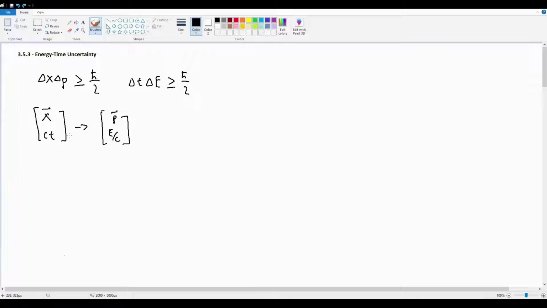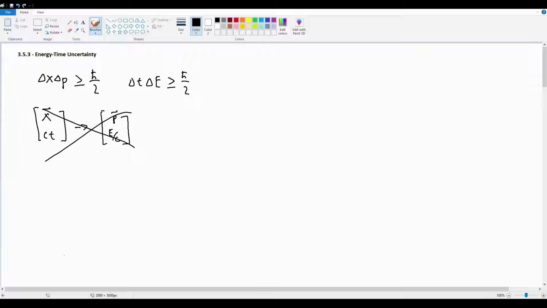It just won't work. It's mathematically not allowed. So that's another reason why this relation is absolutely different and not the same as the very easy direct relation between x, p and t, E that you find in special relativity. So automatically, let's just cross that out.